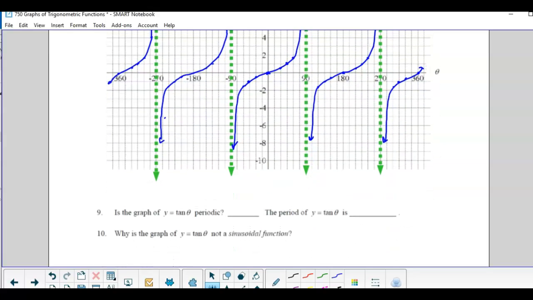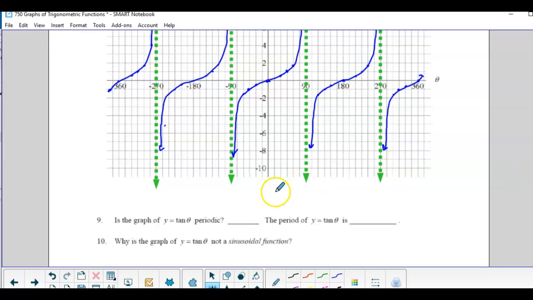All right. So is it periodic? Yes. Okay, because it does repeat itself. And what is the period? Well, now that pattern repeats every 180 degrees, from negative 90 to 90, from 90 to 270. So different from sine and cosine. Why is it not sinusoidal?